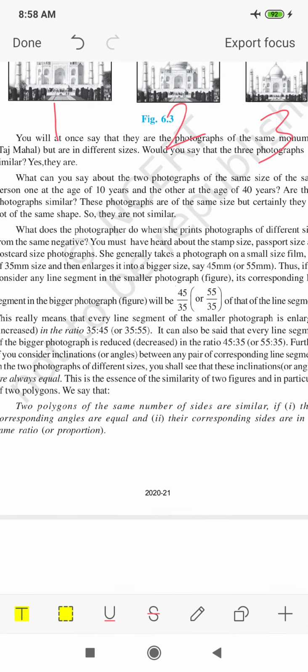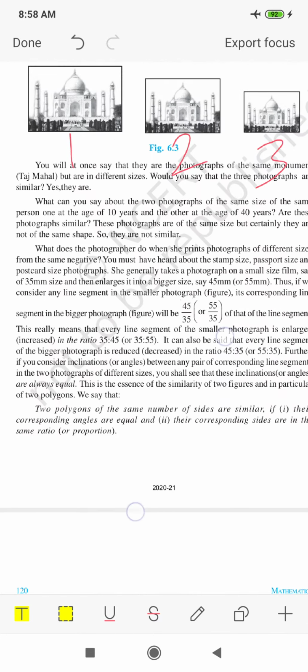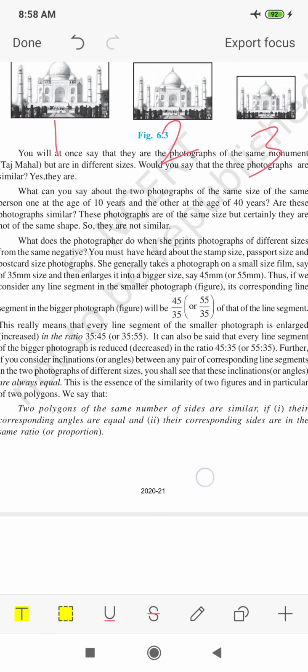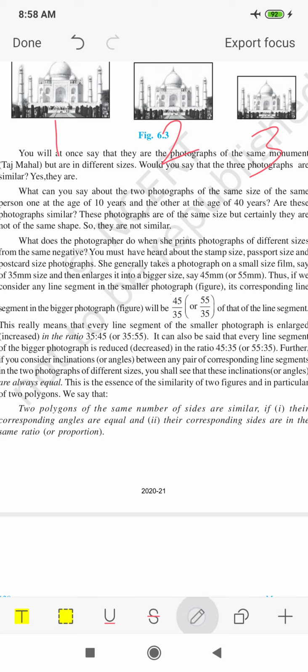Here we will see the definition of similar polygons. See the definition.